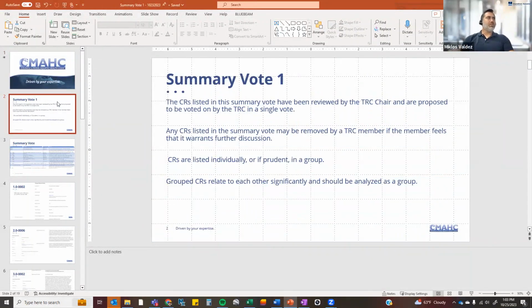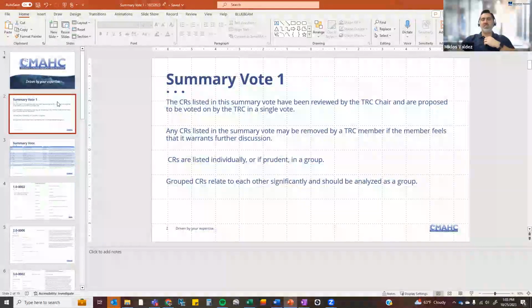So we're going to do a summary vote. Basically, we got a bunch of new CRs that came in. The process is closed, so you can't submit any more CRs. Great for us, so we know exactly what we're looking at for the next few sessions.